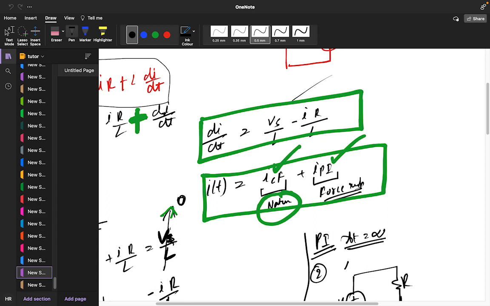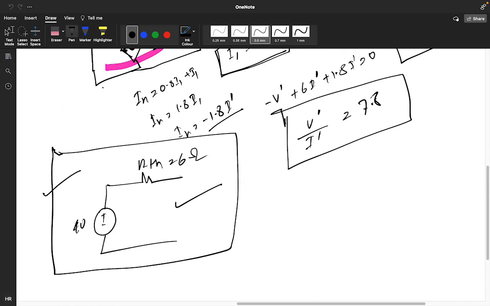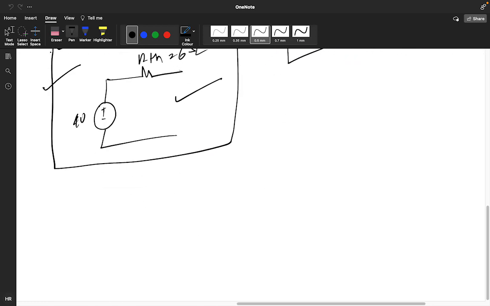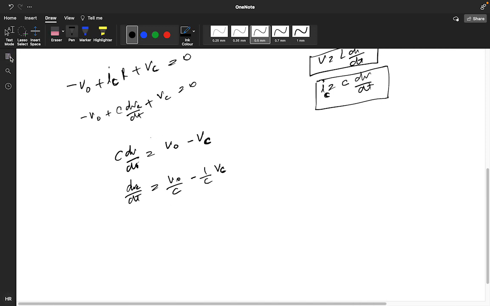So we can break this equation into two terms.